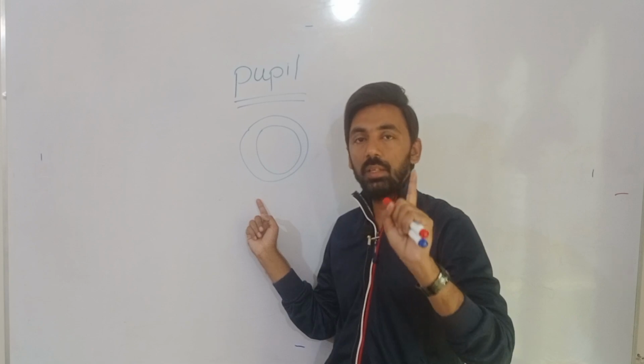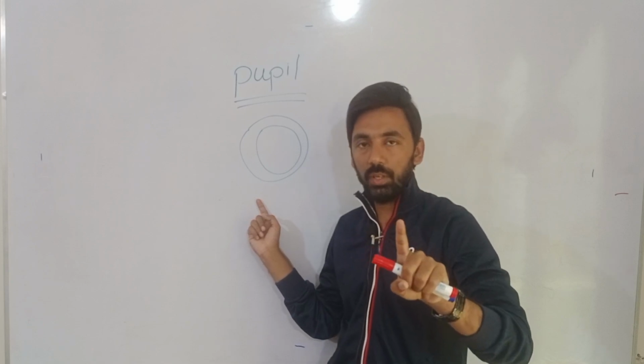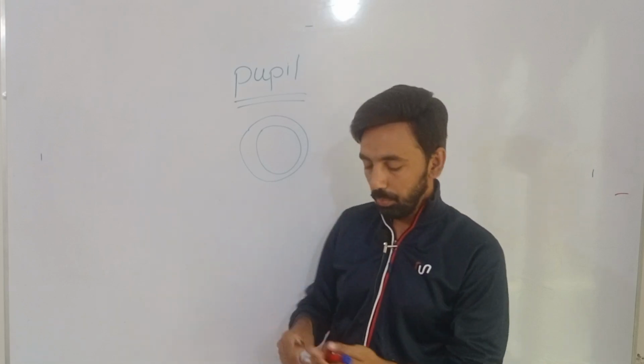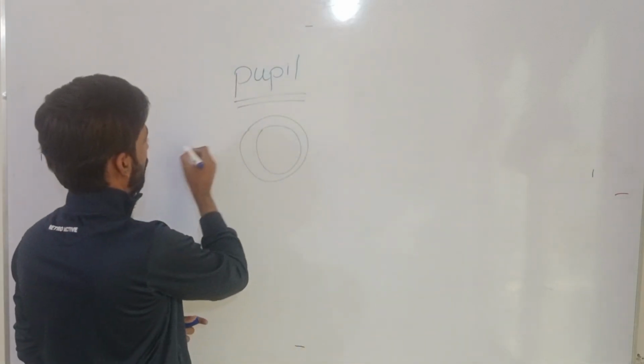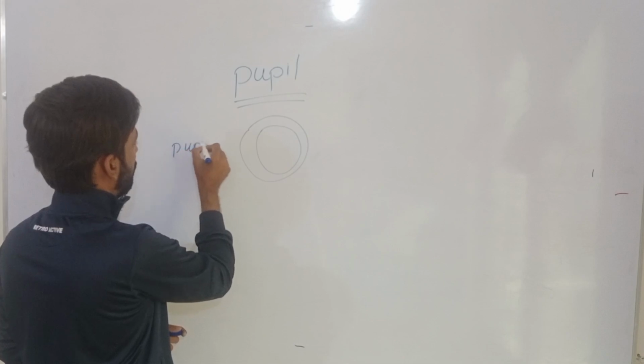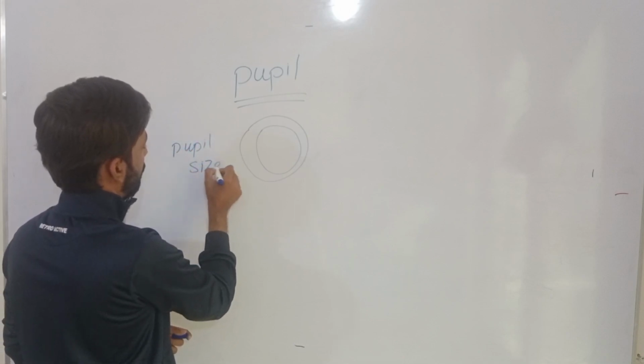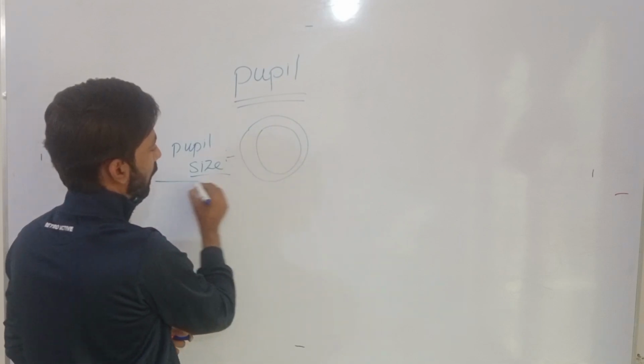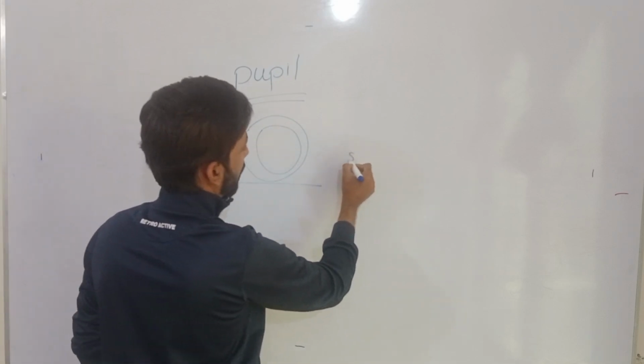You should not perform subjective refraction instantly after instilling the drops, right? So reason number one is pupil size. The pupil size is greater than normal, so it's not the proper time for subjective refraction.